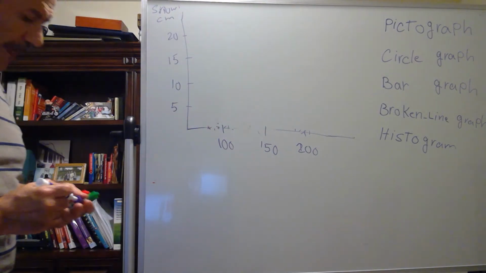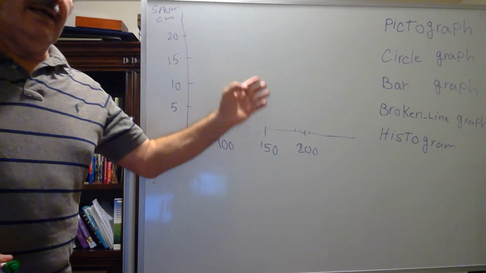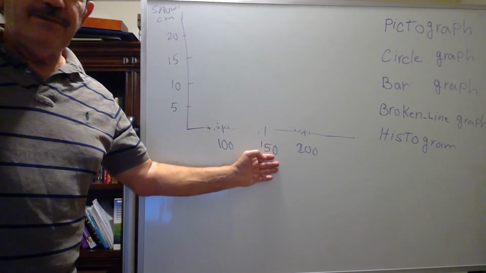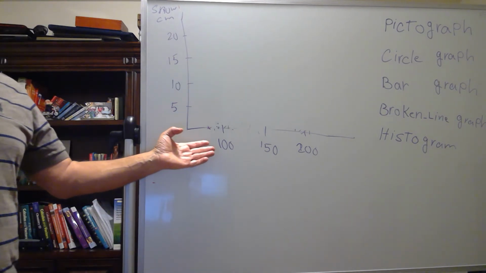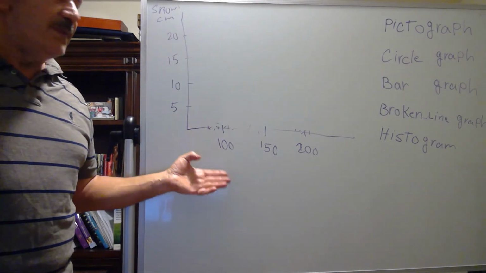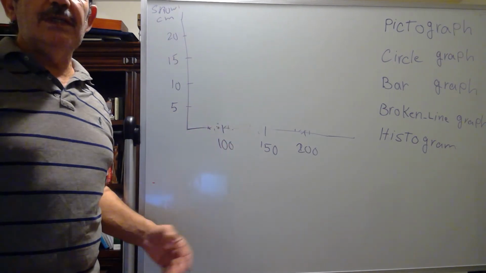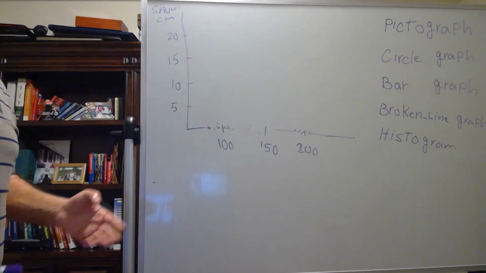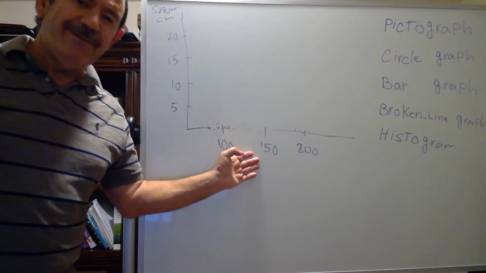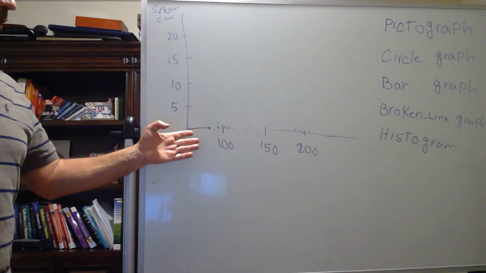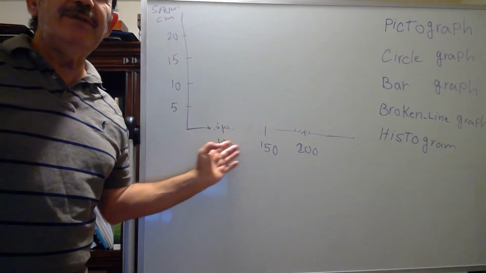We cannot say a car drives at 100 or 150 and nothing between these two. It's not right, because the speed of a car can be 100 kilometers per hour, 101, 102, even 100.5 kilometers. We can have any number between these two.